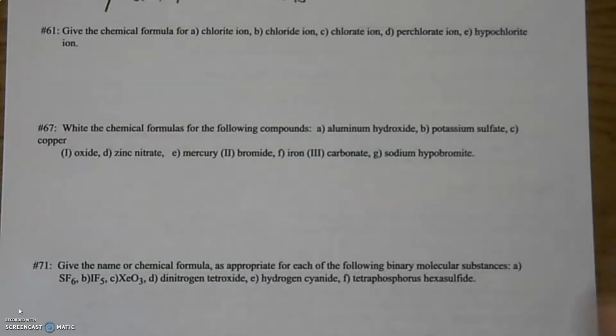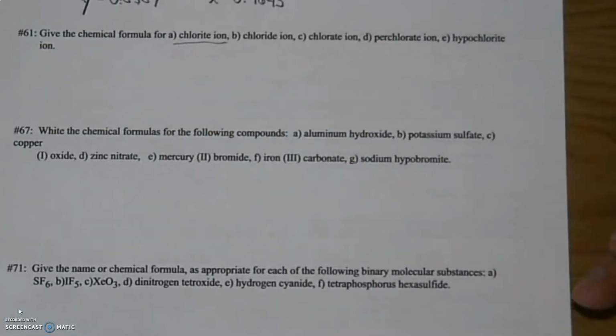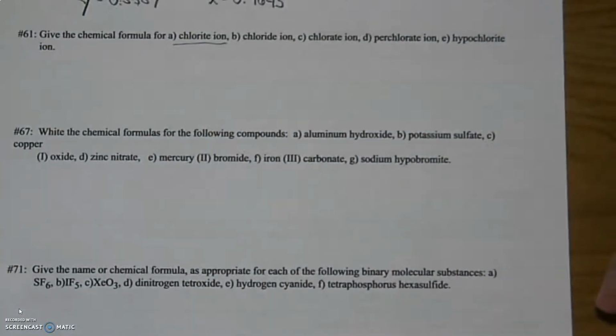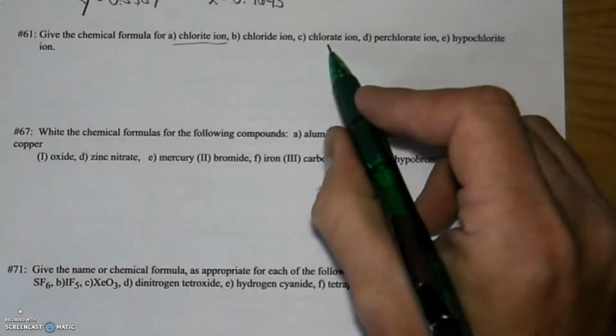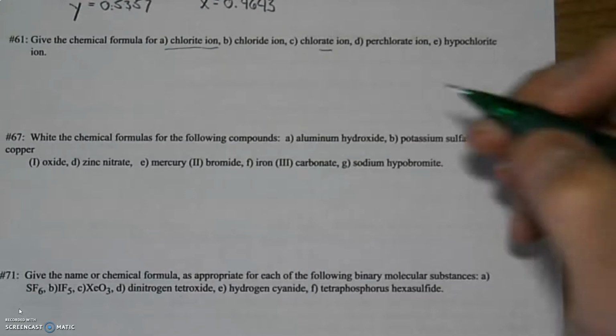So the first one here, we're looking at chlorite ion. And just to refresh how these names go, whichever one of the oxyanions is most common, that one gets the ending -ate. And in this particular case, you just have to memorize it. There's not some way around it.